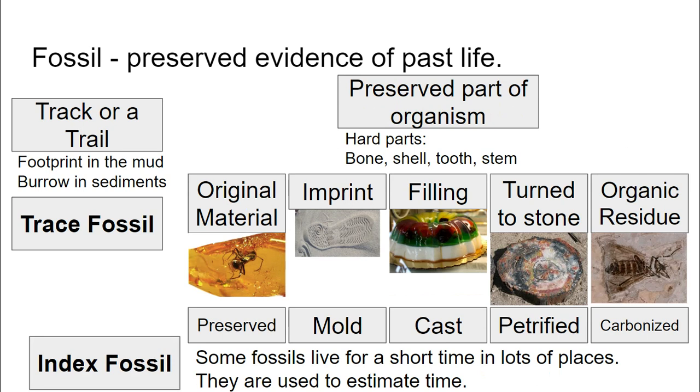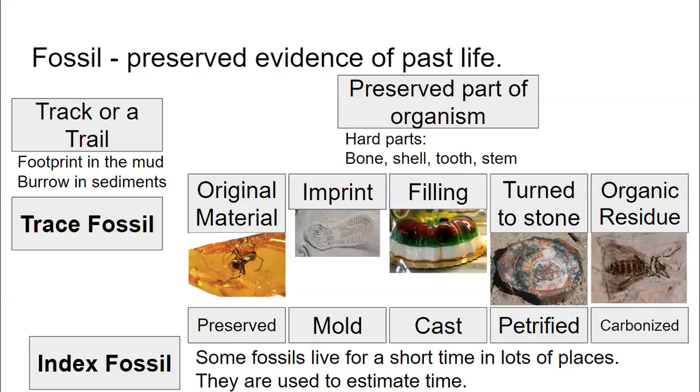They will be common, and they are used to estimate time. Index fossils are best if they're easy to identify. If you're trying to identify a fossil and use it as an index fossil, it can be a really frustrating experience. So you want them to be easy to look at.